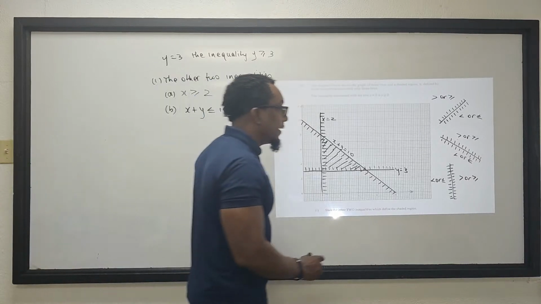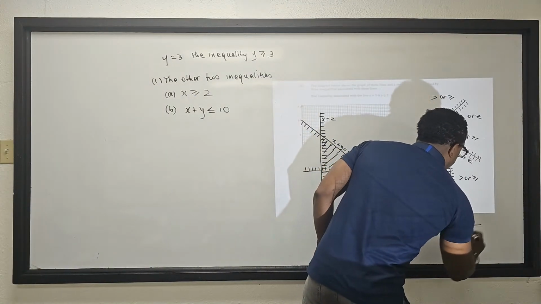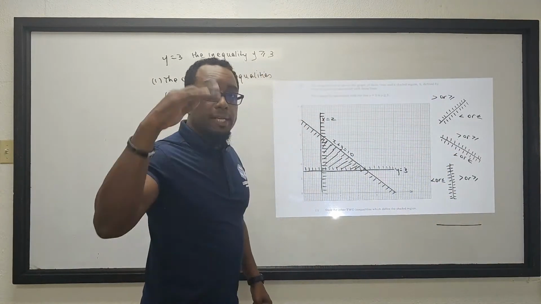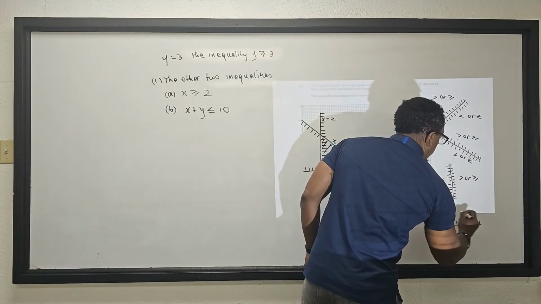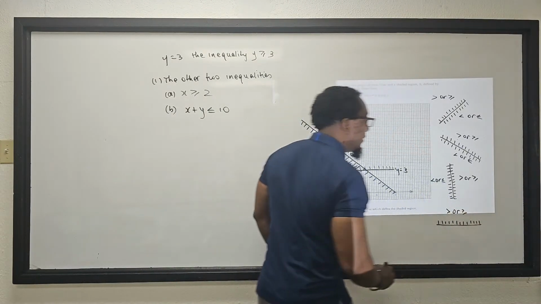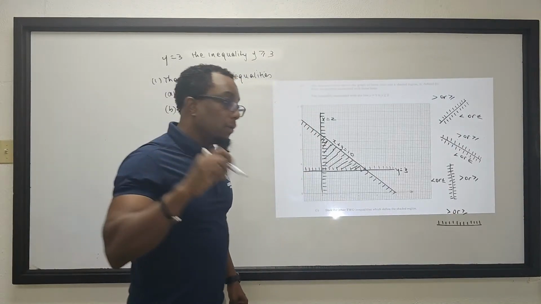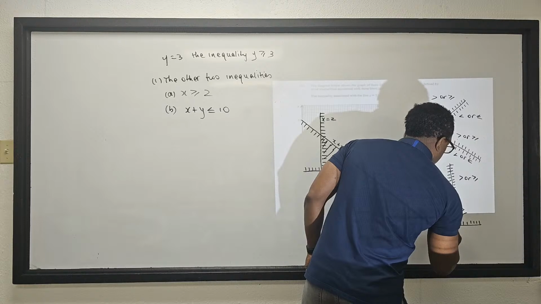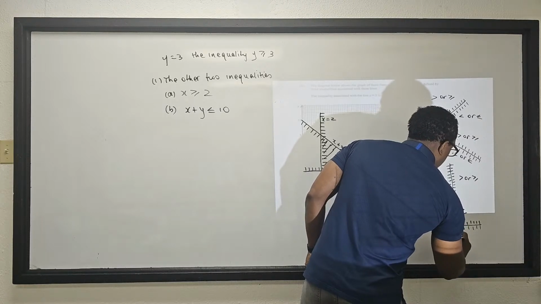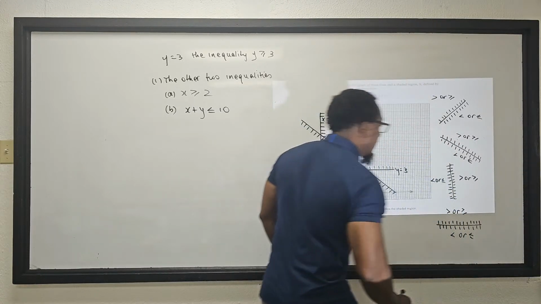If we have a horizontal line, if we shade above, it's greater than or equal to, and if we shade below, it is less than or equal to.